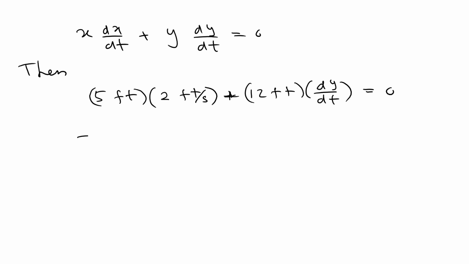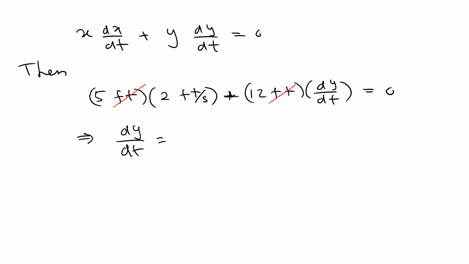So this implies that dy over dt equals, and you can see some units get cancelled out, so you can cancel the feet, and you're only left with feet per second. Good.